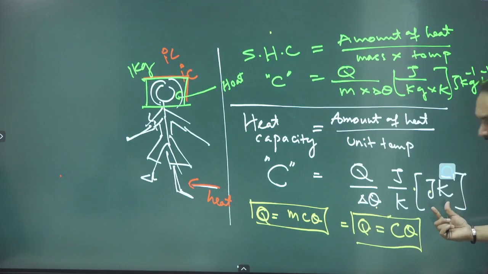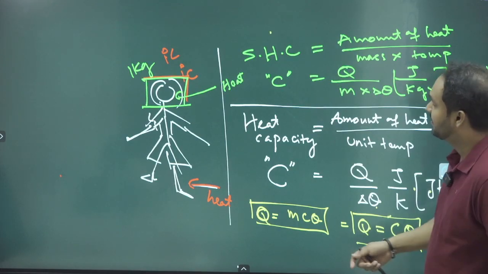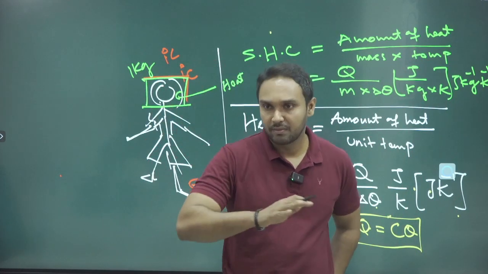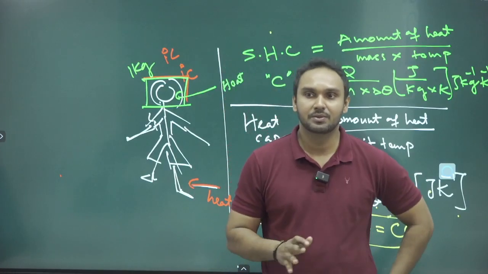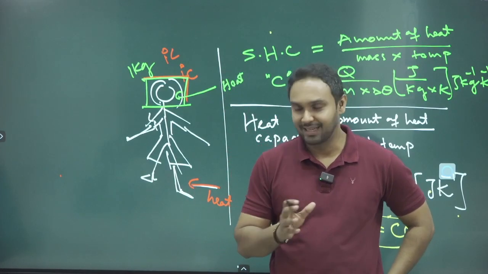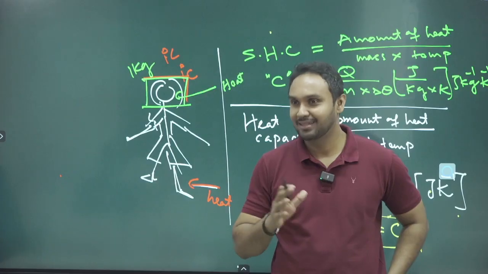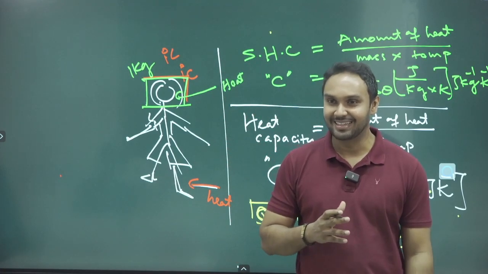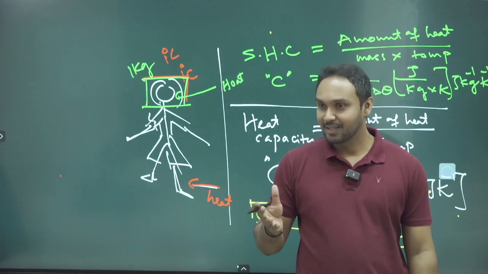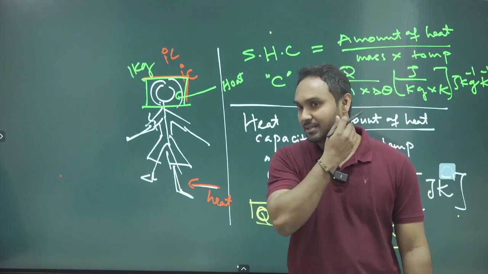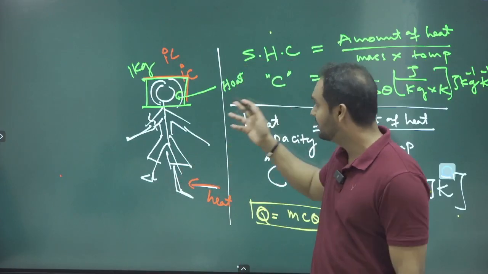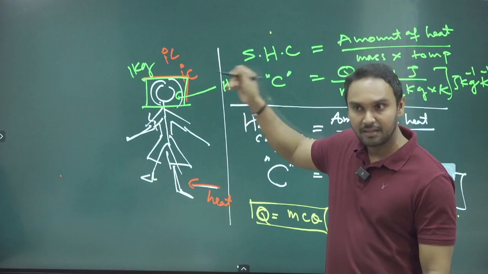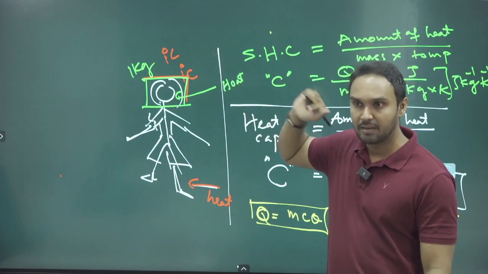And the other thing we discussed is the specific heat capacity. We don't take the whole object now. We take 1 kilogram of mass whose temperature we increase by giving heat. I apply the heat continuously until the temperature rises by 1 unit.